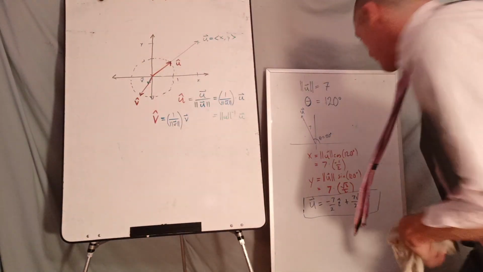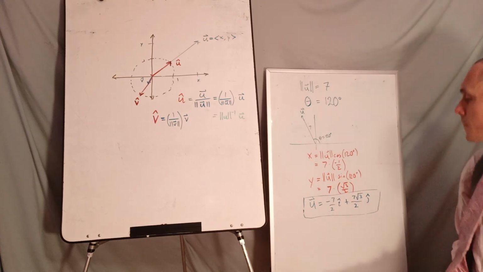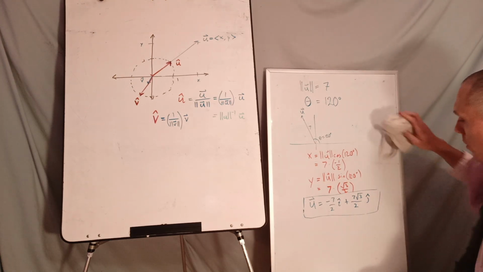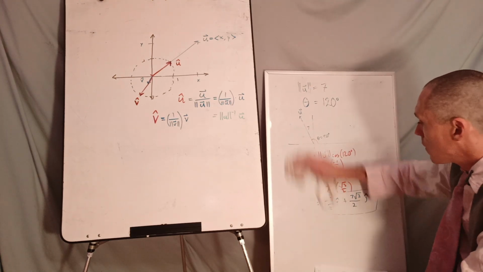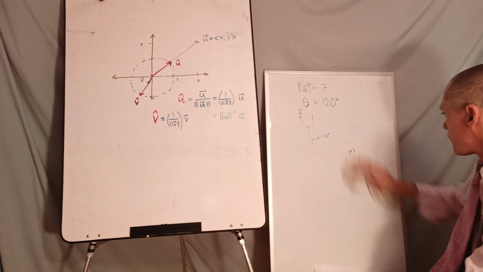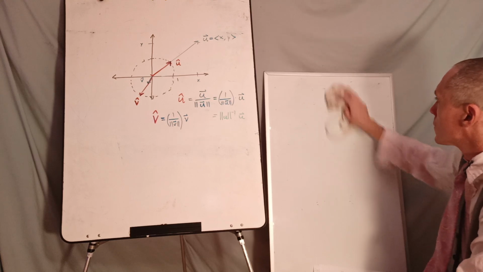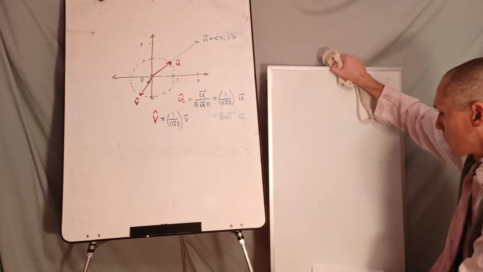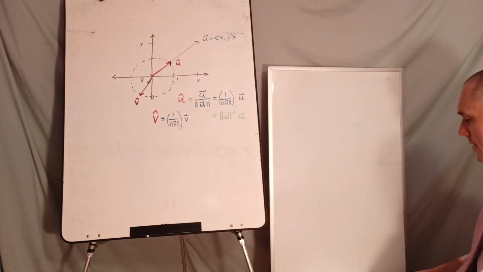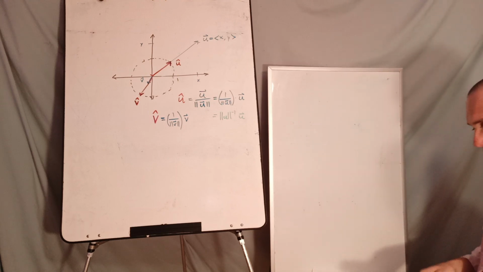So again, let's look at some kind of example of this thing in action. Let's say I had the following vector system.